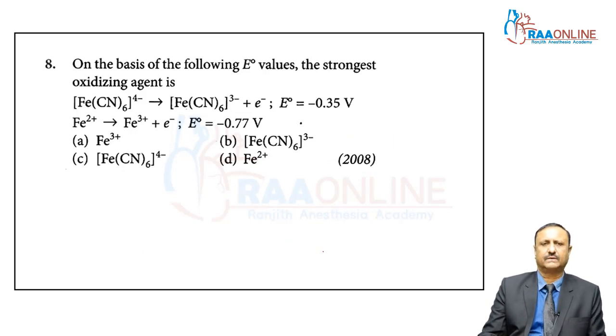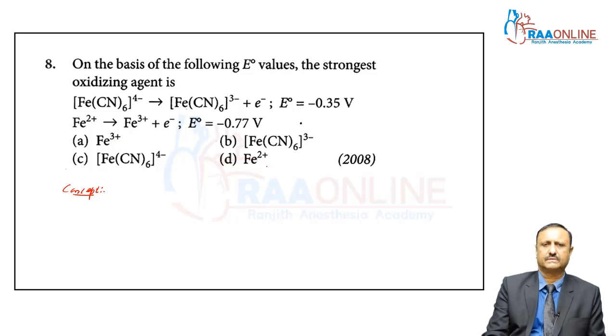Here you can see question number 8: on the basis of the following E naught values, the strongest oxidizing agent is. Here, my dear students, what is the concept? The options are Fe plus 3, Fe(CN)6 3 minus, Fe(CN)6 4 minus and Fe plus 2.